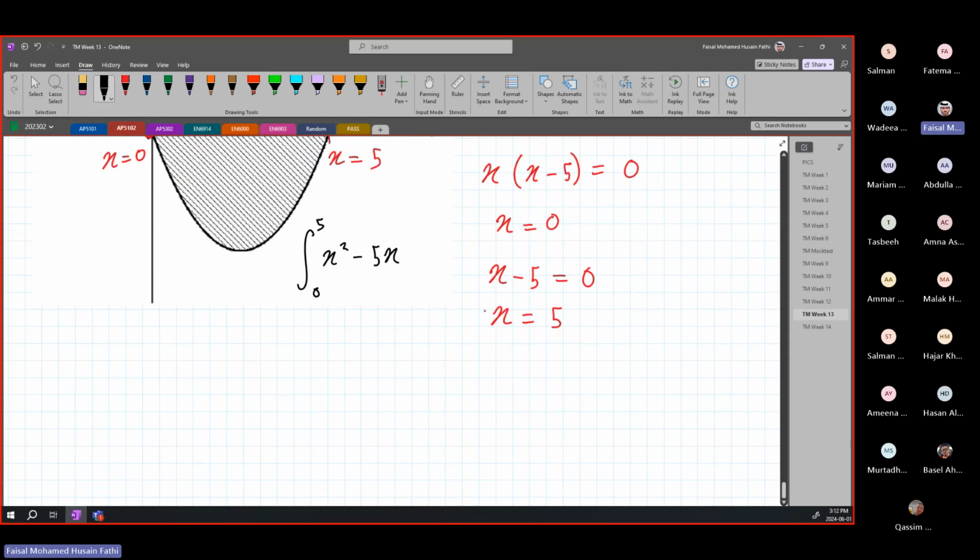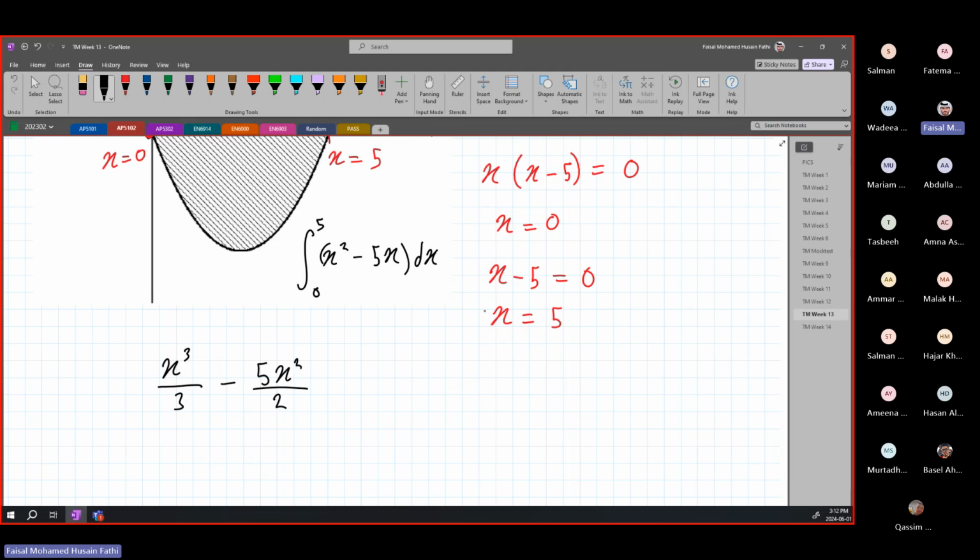If we're going to solve this, this is all dx. So it is going to be x cubed over 3 minus 5x squared over 2 between 0 and 5.